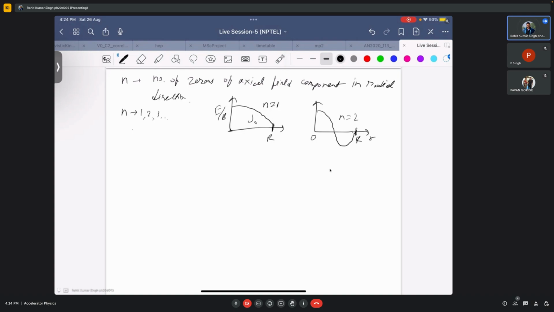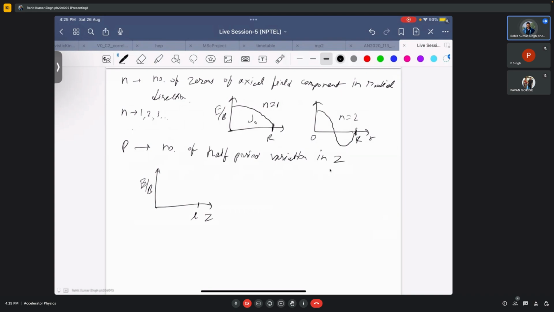Okay, and then lastly we have p, which is the number of half period variations in z. For m we have the full period variation in theta, but for p we have half period variation. So for example, suppose you have a magnetic or electric field as a function of z, and the length of the cavity is L in the z direction.